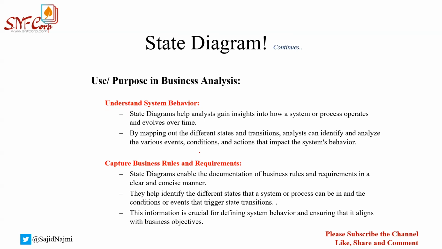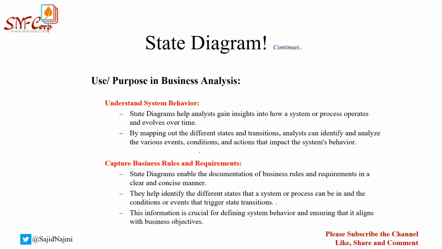Now, what is the purpose of having a state diagram? Pretty simple, to understand the system behavior. Once you have gained all the insights on the different states of one object, you would easily be able to evolve how the system will behave, and over time you can improve it. I have taken one example of the cell phone.